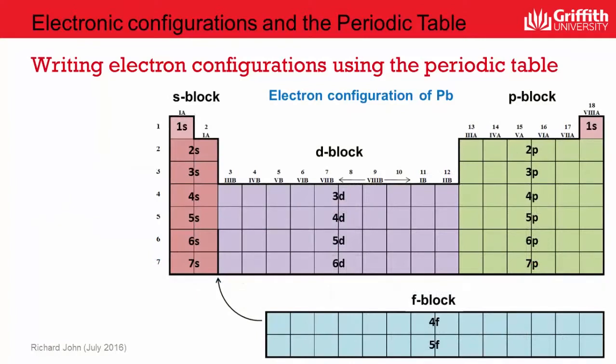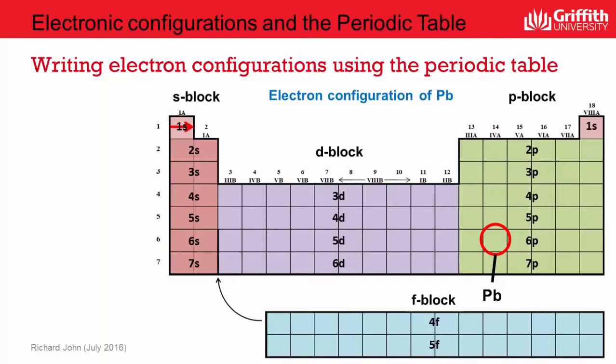Now, to write the electron configuration for lead, we first locate its position in the periodic table, as we've already done, down here in period 6 and group 14. And what we're going to do is start at the top left of the periodic table with element number 1, hydrogen, and traverse across the periodic table, left to right, until we get down to lead at number 82.